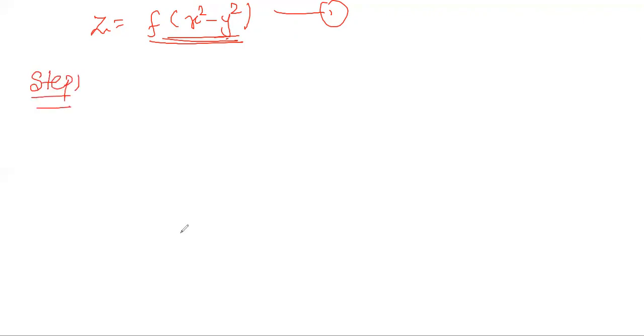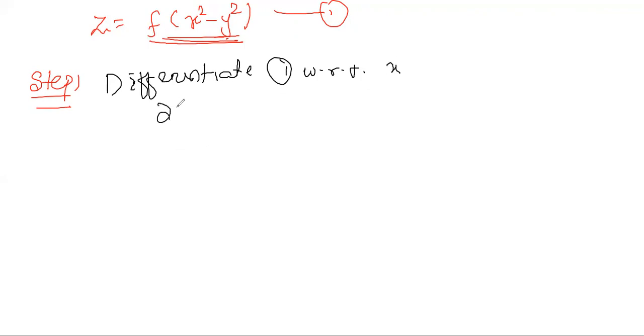Okay, so first of all, differentiate equation 1 with respect to x. What is the value actually? See, that is del z by del x, which is equal to the derivative f dash of x square minus y square. Then what is this result?